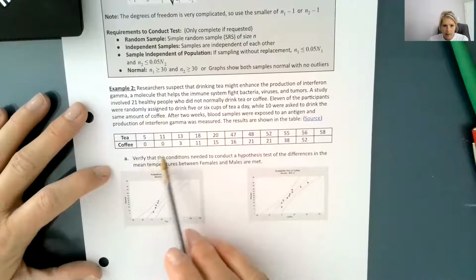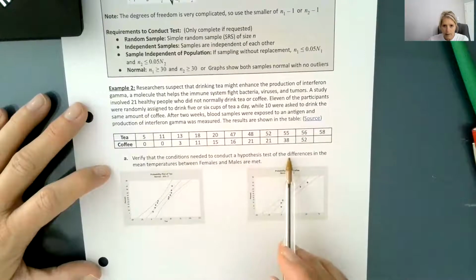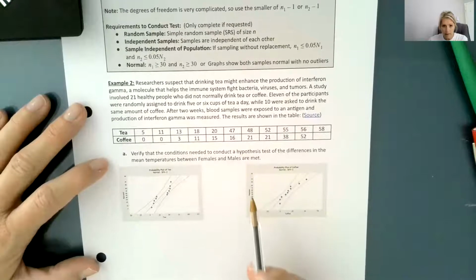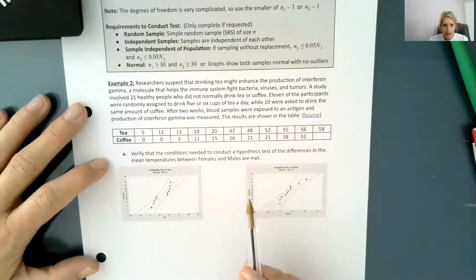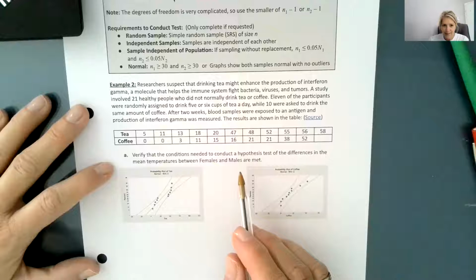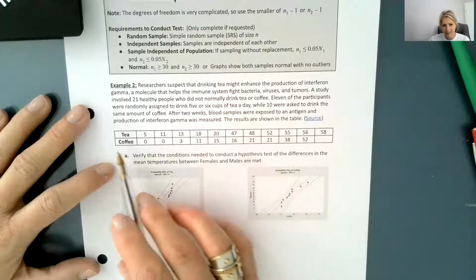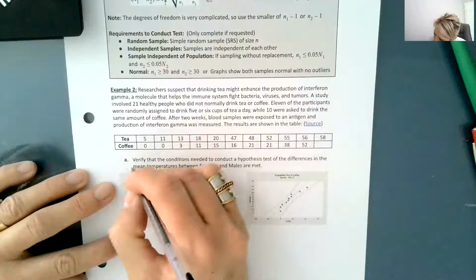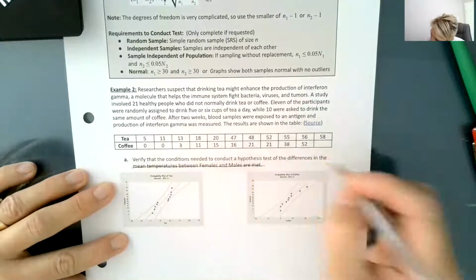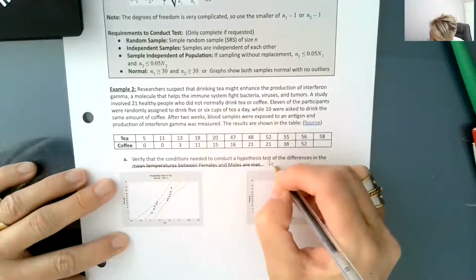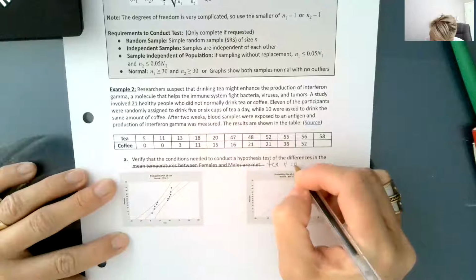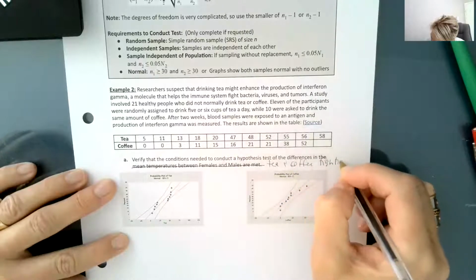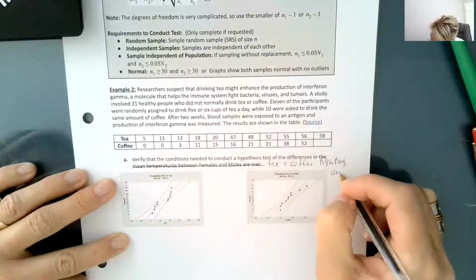It says verify that the conditions needed to conduct a hypothesis test for the differences in the mean temperatures between females and males are met. And this is not the body temperatures. This was the differences in tea and coffee, biting antigens.